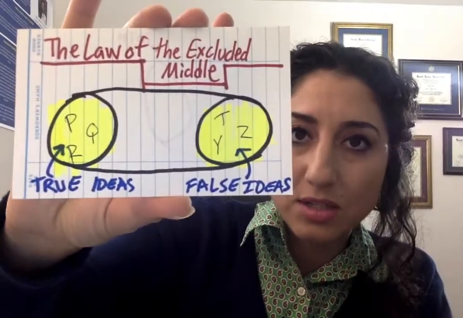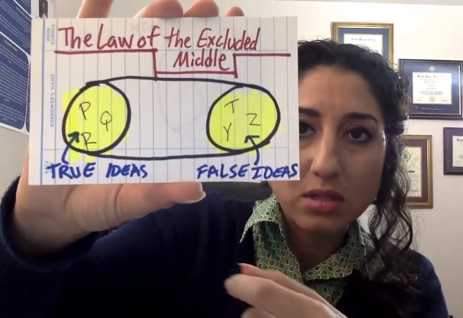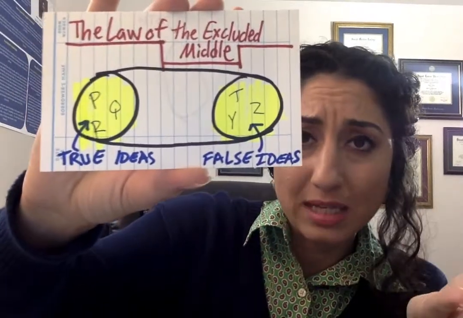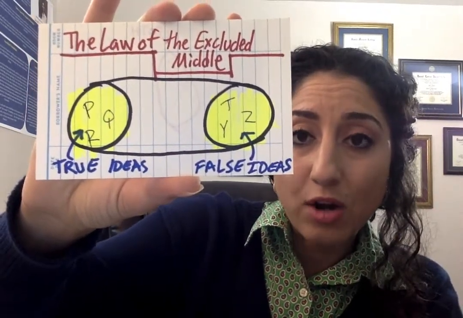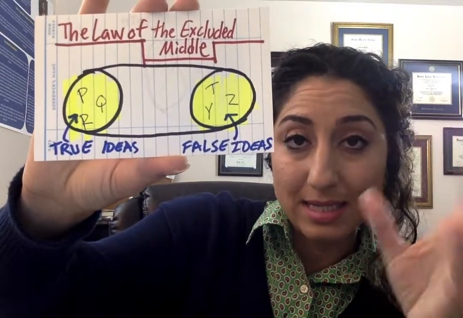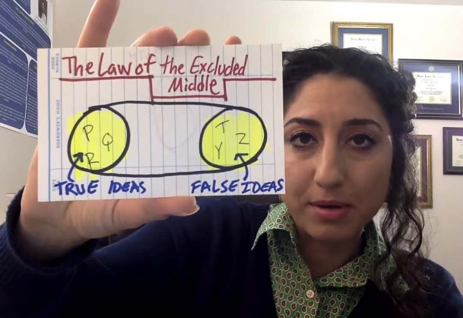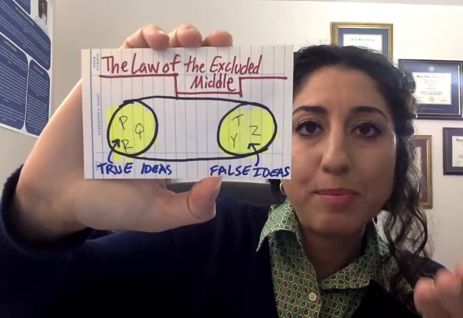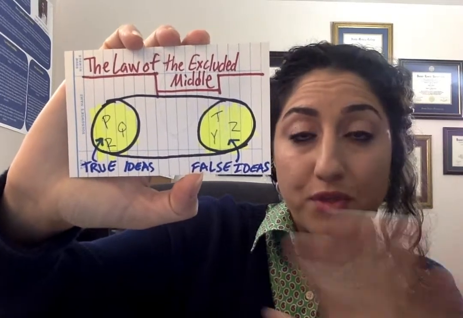So you have ideas in your head, and some of your ideas are false. Like T is something that you think is true that's actually false. You have ideas in your head that are actually true. Like let P represent an idea that you have that's true. The law of excluded middle says that every proposition is either true or false, not both, not neither.